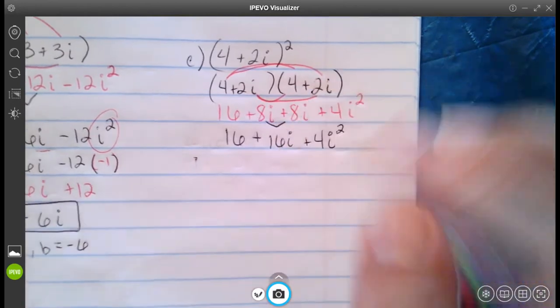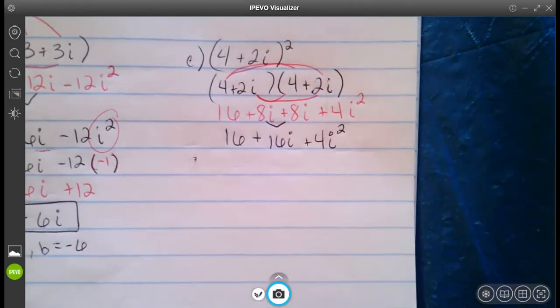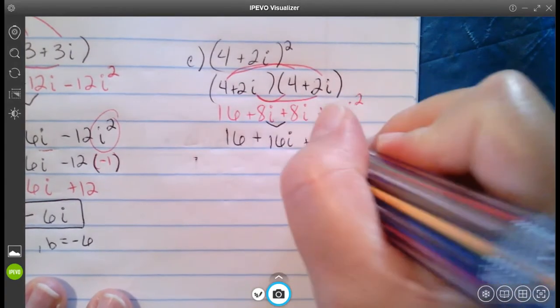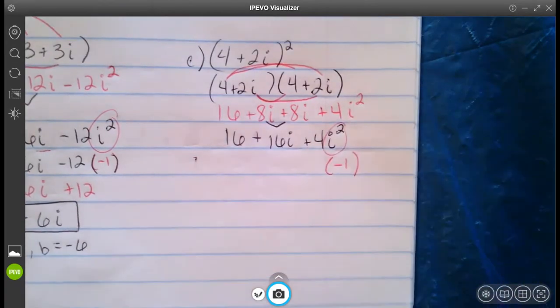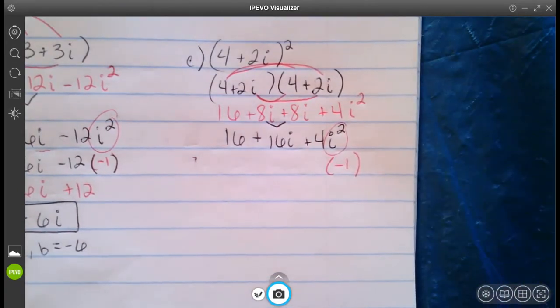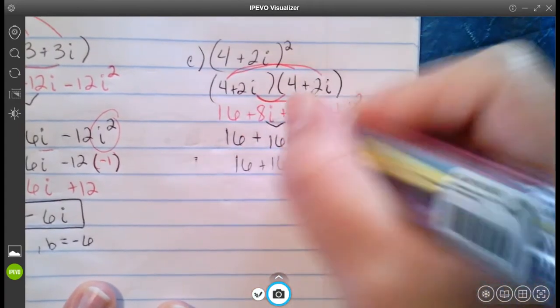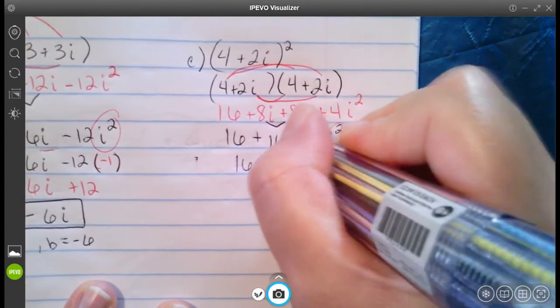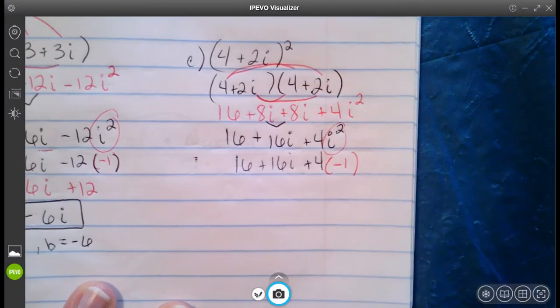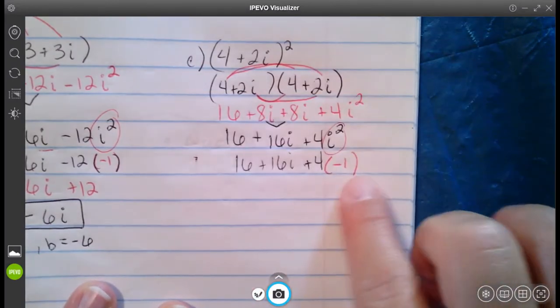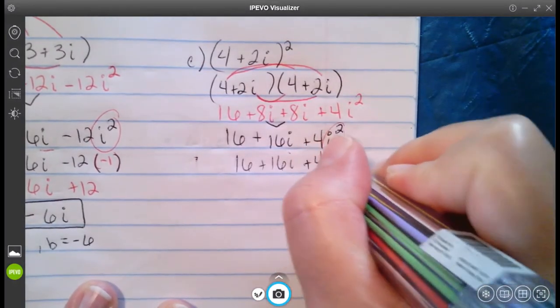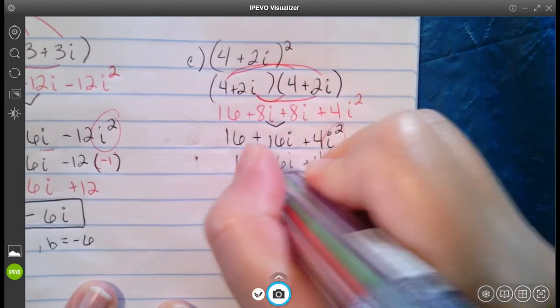And I know you can probably do this step also. I'm just going step by step here. We can rewrite the i squared as a -1. So bring everything else down. So 16 plus 16i plus 4 times -1. 4 times -1 is going to be -4. Okay, again, bring everything down.